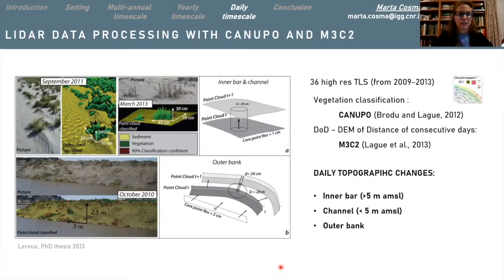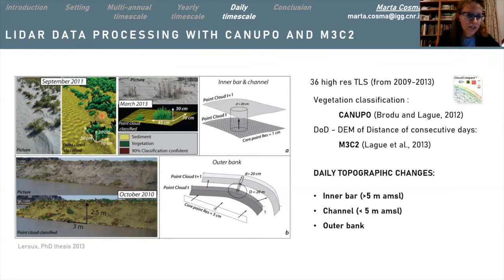So again, he uses Lidar data, the TLS data from 2009 to 2013, and he first processed the data with the classification of the vegetation using the Canupo plugin, always in CloudCompare, which allows him to define where vegetation occurs in order to delete these points from the Lidar data.